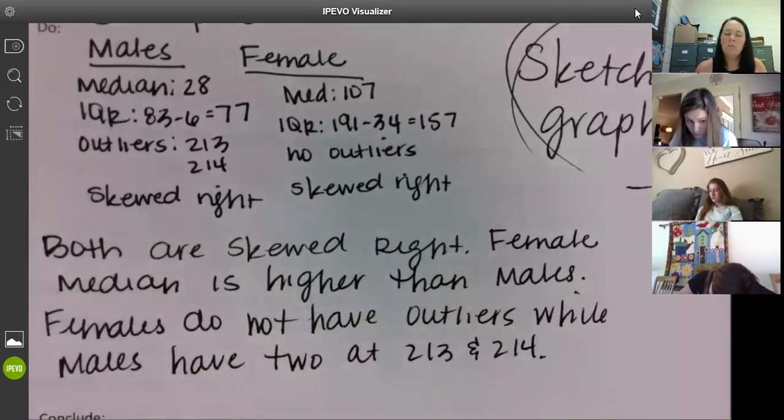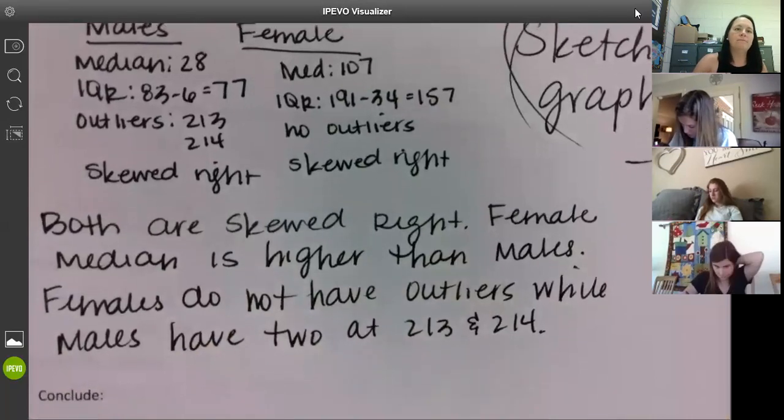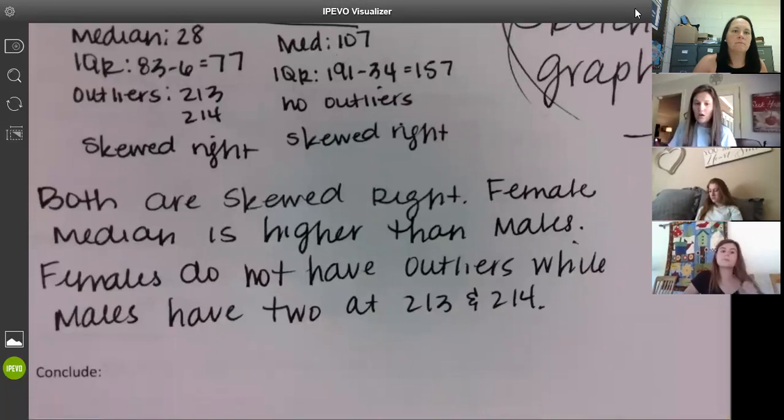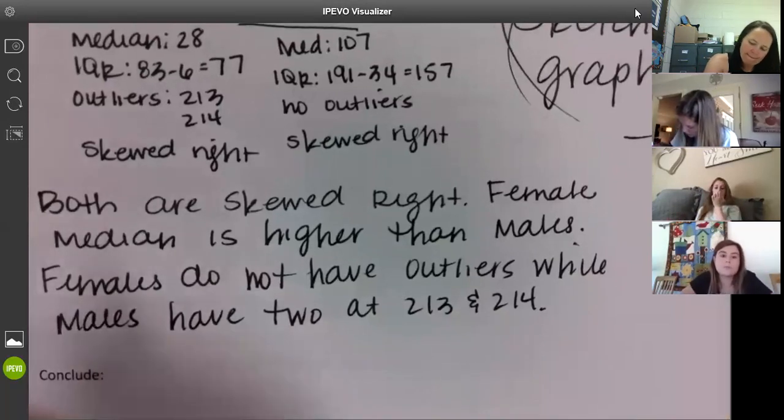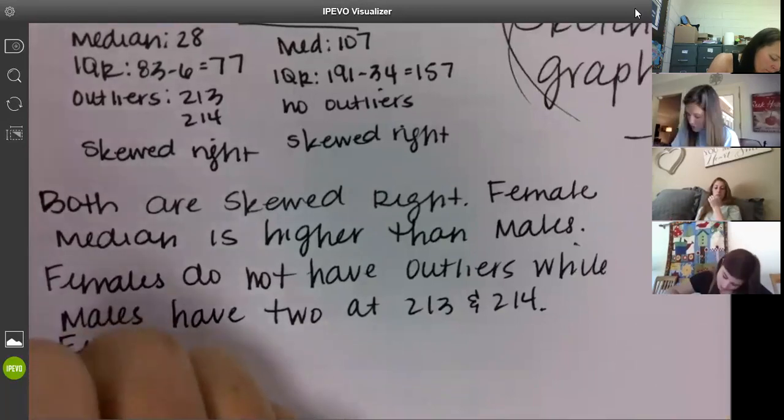One more thing. What else can we compare? What's the one thing we haven't compared yet? The IQR. And what can you tell me about it? The female's IQR is higher than the male's. Yep.